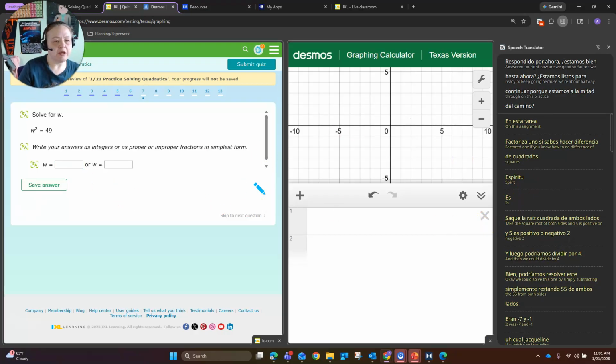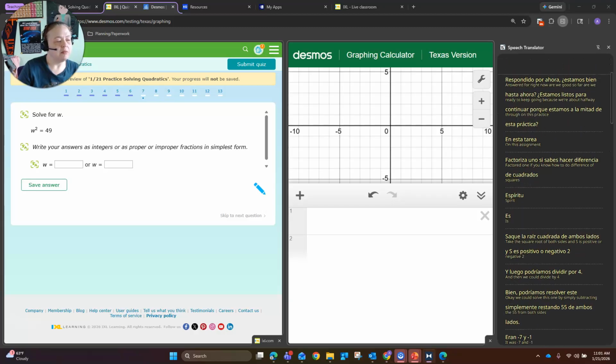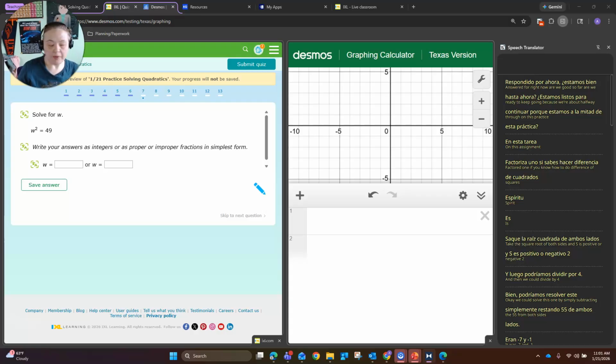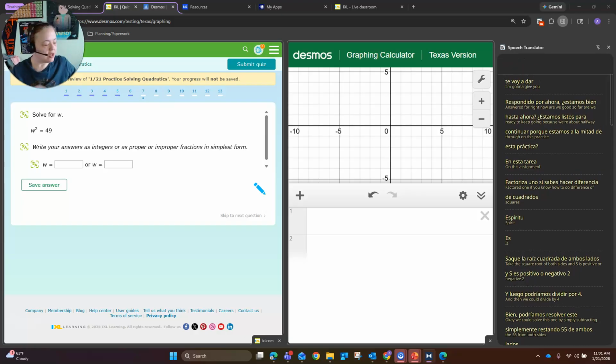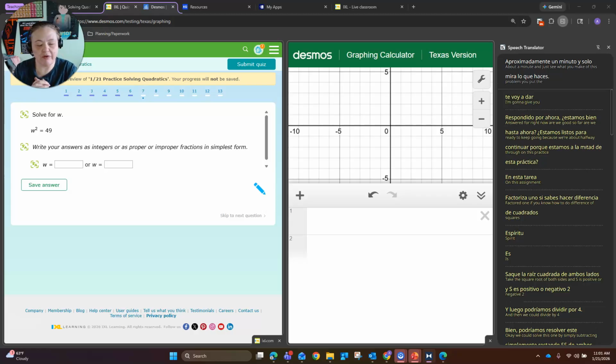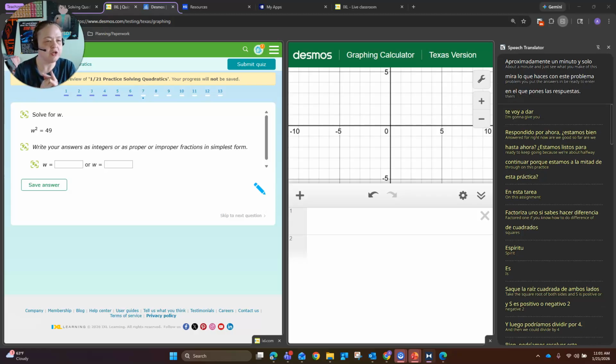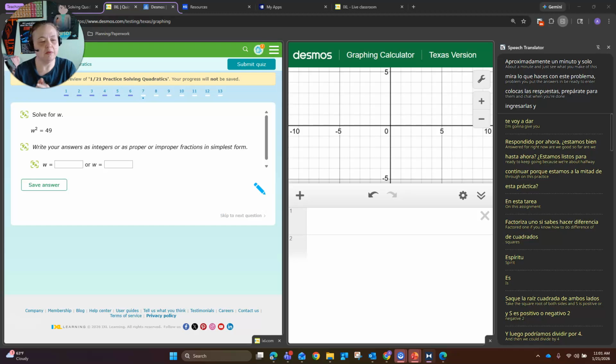So we have w squared equals 49. I'm going to give you about a minute and just see what you make of this problem. You can put the answers in, be ready to enter them in chat when you're done. When the timer goes off, if you have an answer, choose your strategy and see what you come up with.